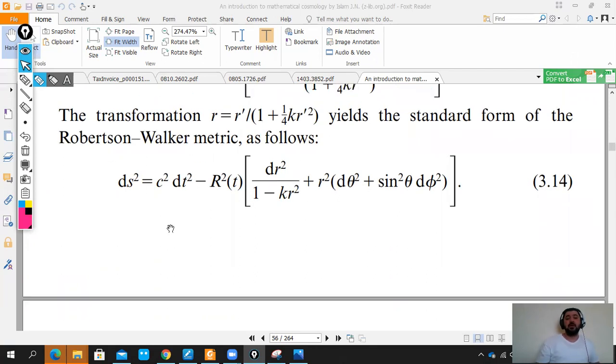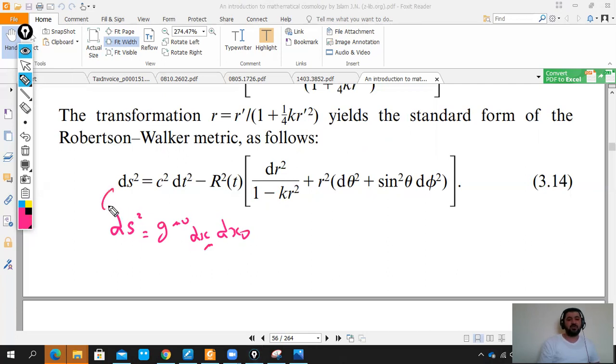Now, as you know, this metric is usually represented by the metric tensor as follows: g mu nu dx mu dx nu. For example, for Minkowski space, g mu nu will be negative 1, 1, 1, 1. For Euclidean space, it will be 1, 1, 1, 1. But now for the general case, we take this form.